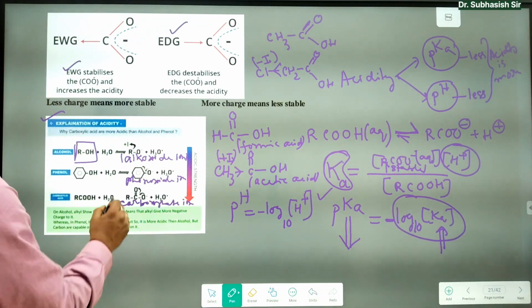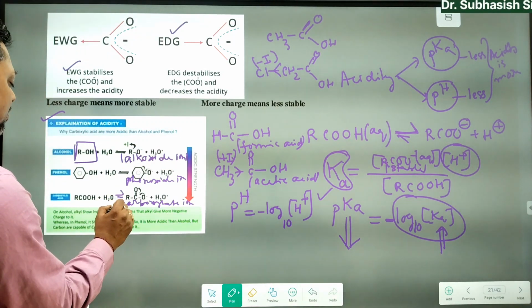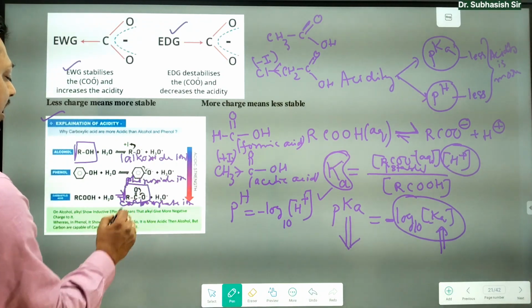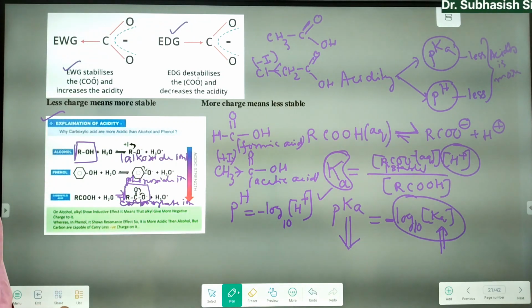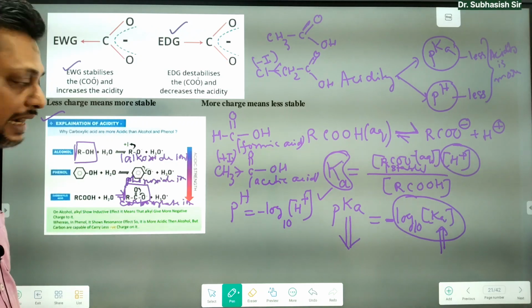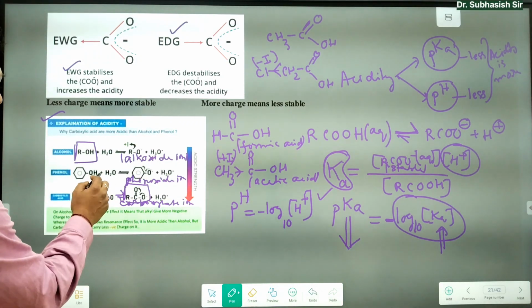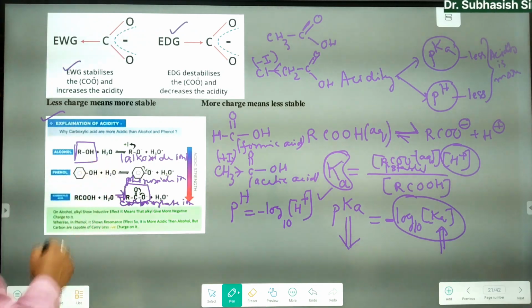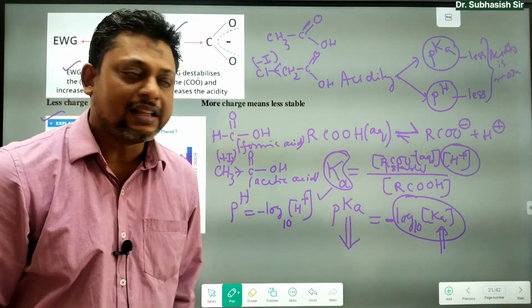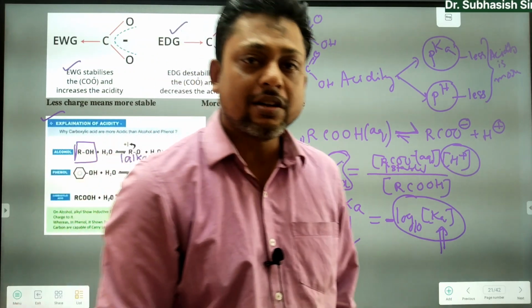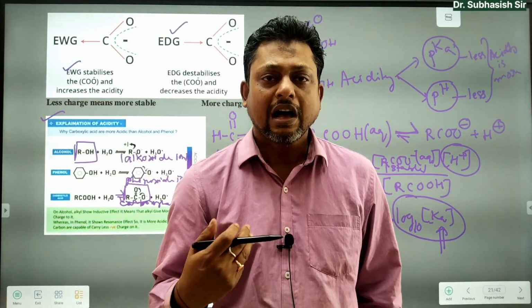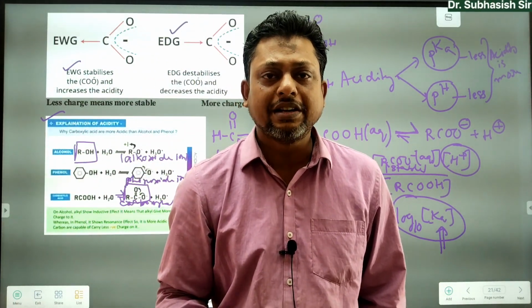Now among these, carboxylate ion is much more stable as compared to this phenoxide ion and obviously alkoxide ion. So we can tell that carboxylic acid is much stronger than phenol, and even phenol is much stronger than alcohol.